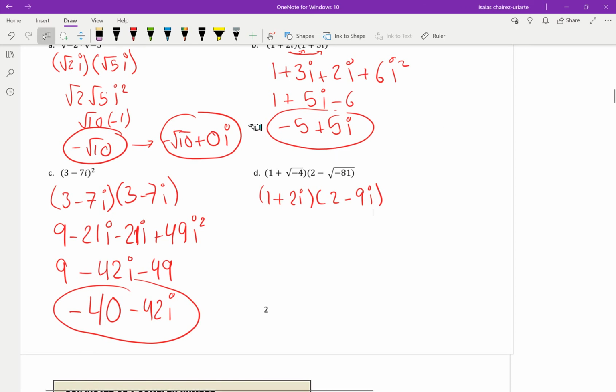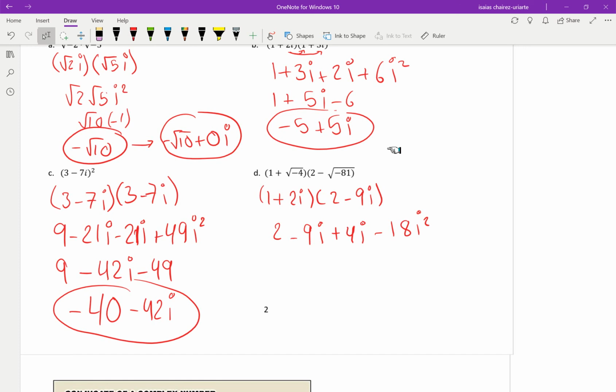So this is going to become 2, because I gotta do 1 times 2, and then 1 times negative 9i, that becomes negative 9i, and then 2i times 2, that's 4i, and then 2i times negative 9i, that's going to become negative 18i squared.